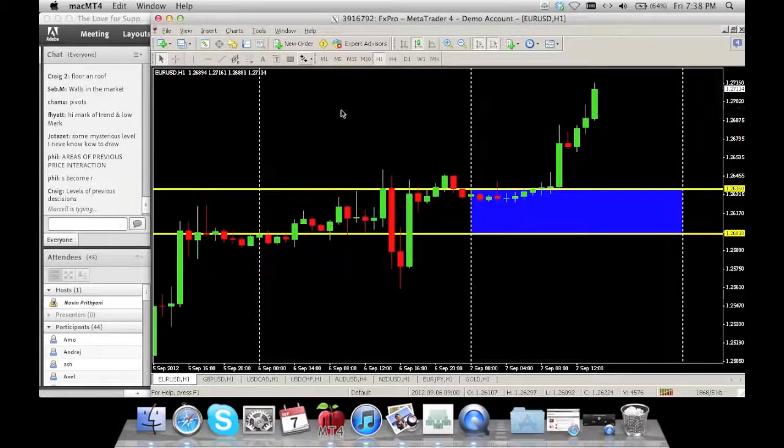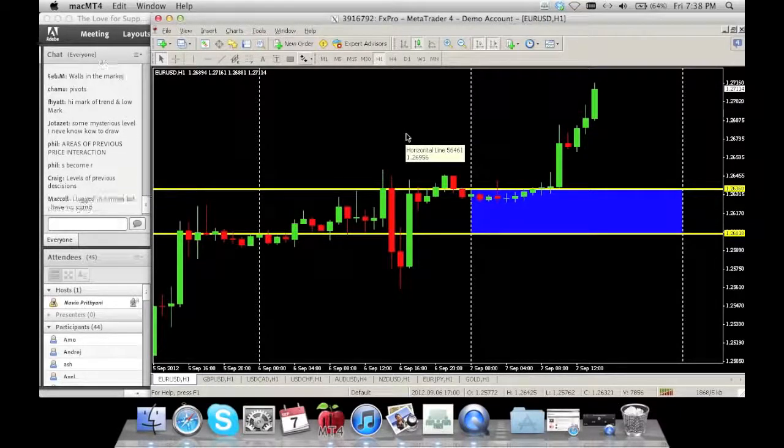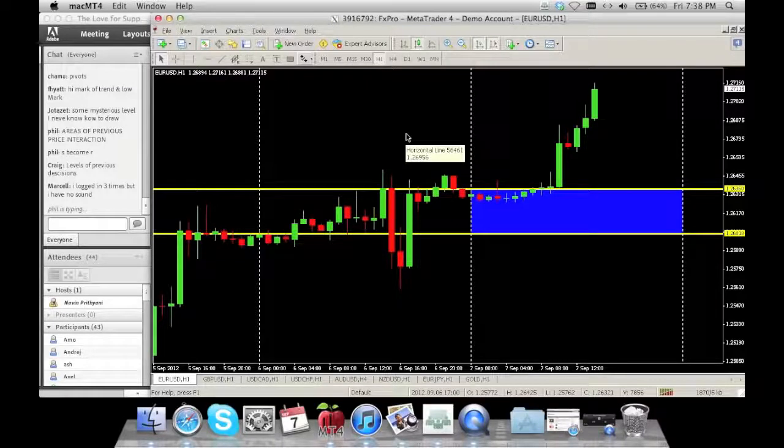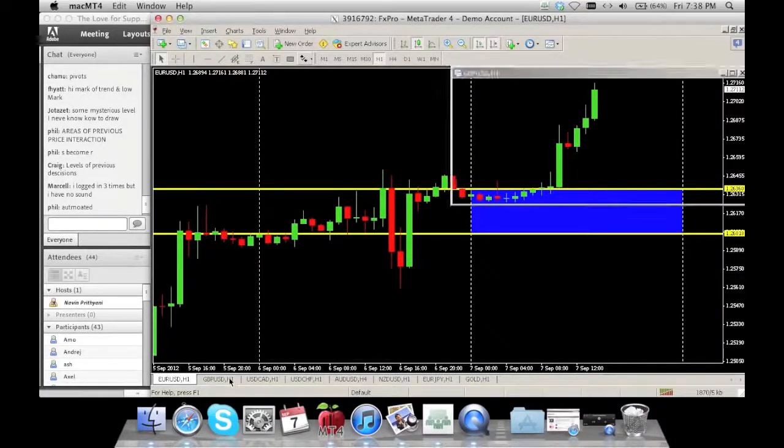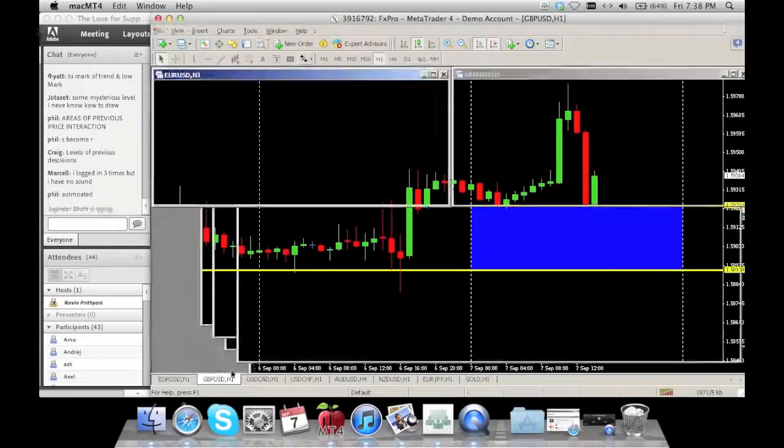So let's get back to how we draw these levels. How do you guys draw your support and resistance? What are your methods? Let me clean up my charts here.